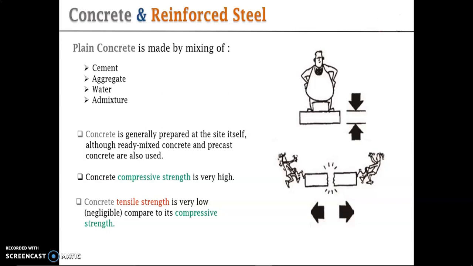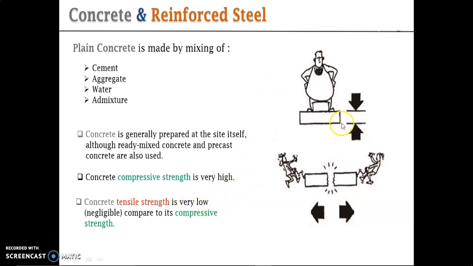Now there is some difference between plain concrete and reinforced concrete. Plain concrete is made of cement, aggregate, water, and admixture. Concrete is generally prepared at the site itself, although ready mixed concrete and precast concrete are also used. Concrete's compressive strength is very high, and its tensile strength is very low.